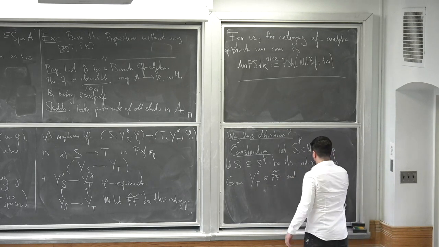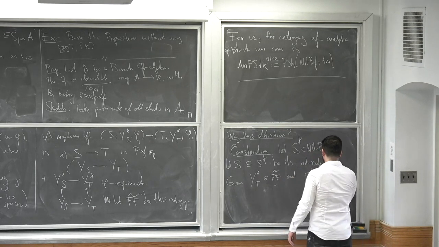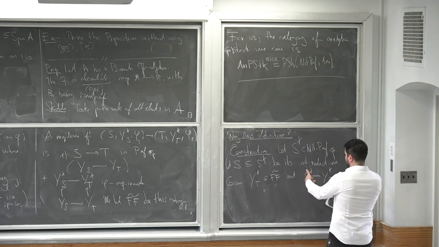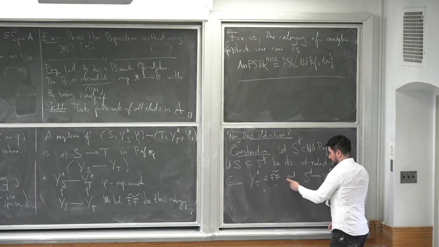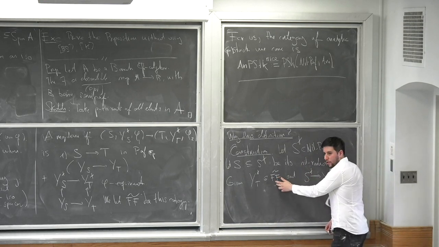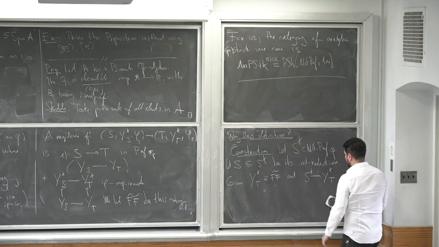And some maps from this guy to this guy. Well, you may wonder if there exists some kind of adjunction between a kind of universal object in here that just leaves something here.